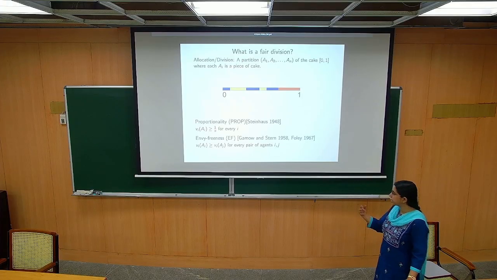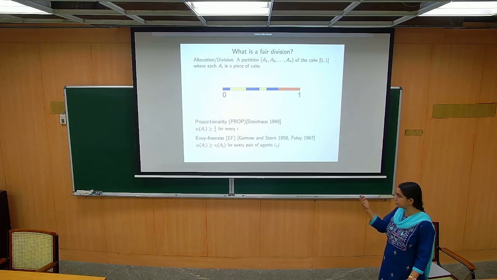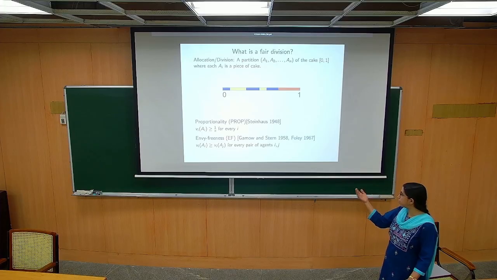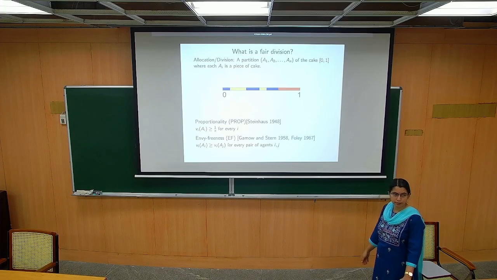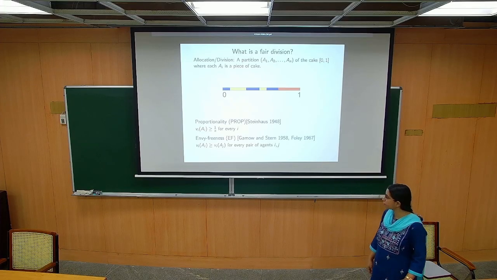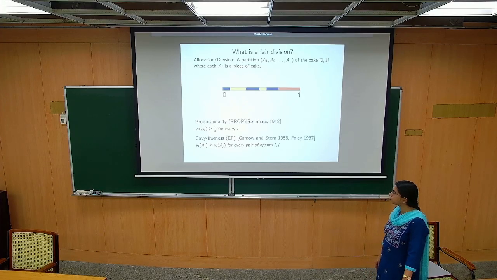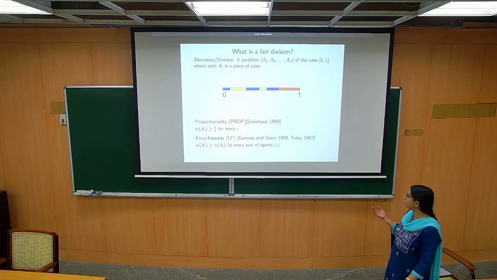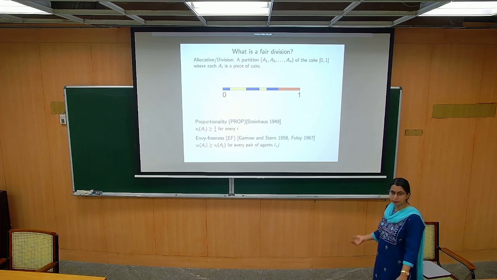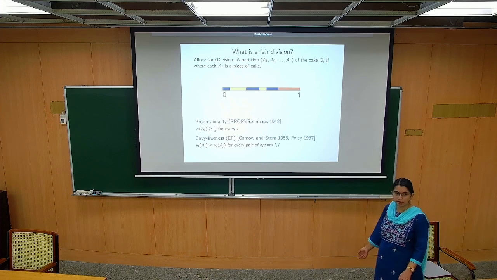Agent j's perspective according to the valuation vj could be completely different, but we want this to happen for every pair i and j. As you see, these are fairly old notions, much before I think we had computer science programs.